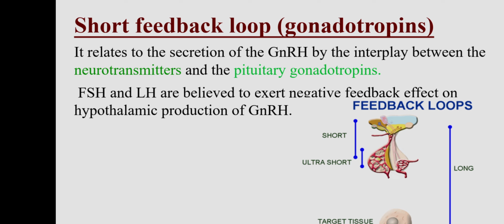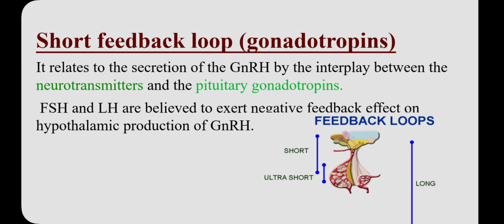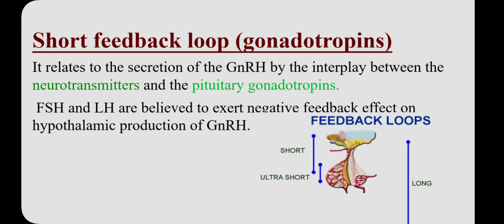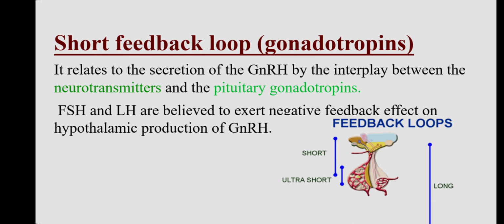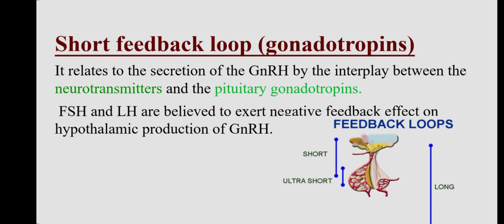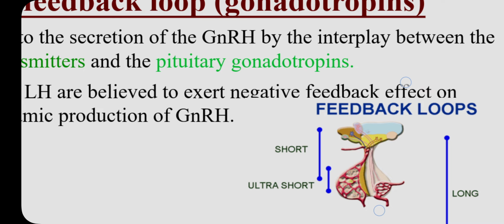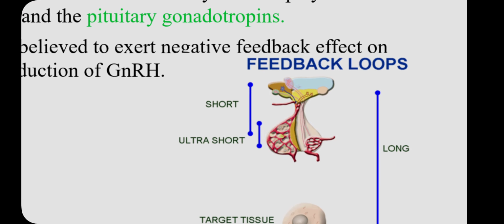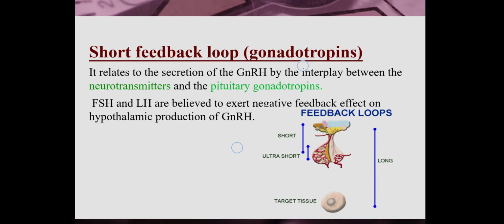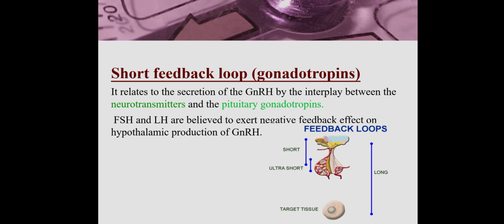Whenever the pituitary secretions of the gonadotrophins FSH and LH are more, it exerts a negative effect on the release of GnRH. Whenever the FSH and LH secretions are less, it exerts a positive effect. In this way it is called short, because you can see here it is related with the hypothalamus and the pituitary. So this is called a short feedback loop.